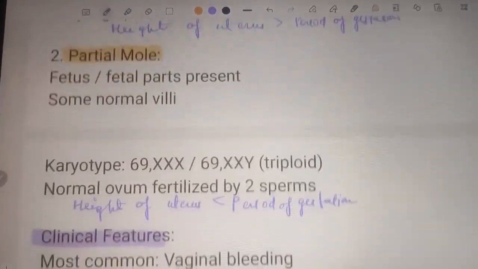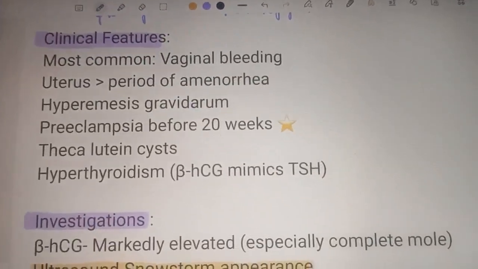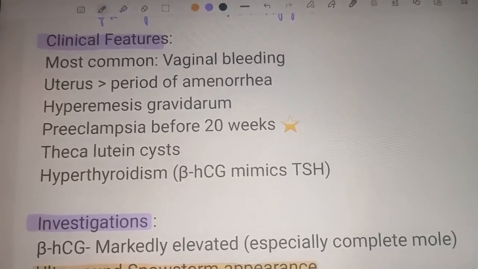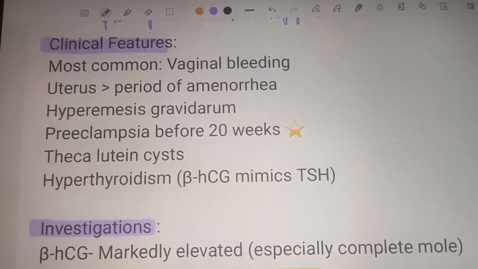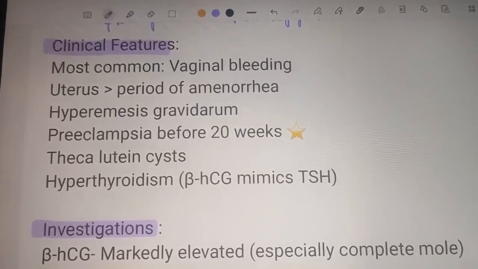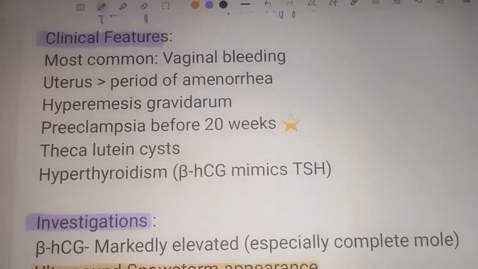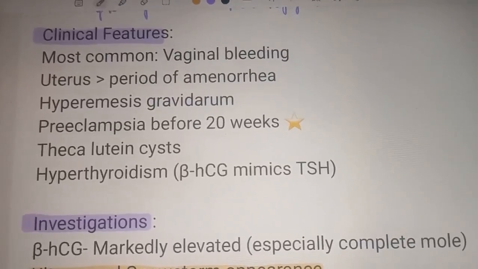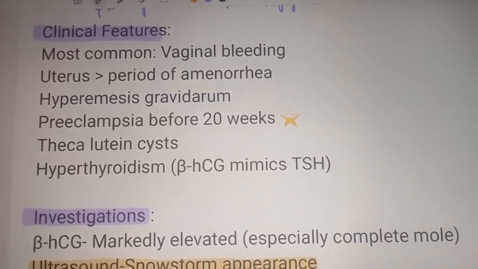Now, clinical features. When there is abnormal proliferation of the trophoblast, then there is abnormal pregnancy that has to end. So most common is vaginal bleeding in first trimester, and there are grape-like vesicles present.